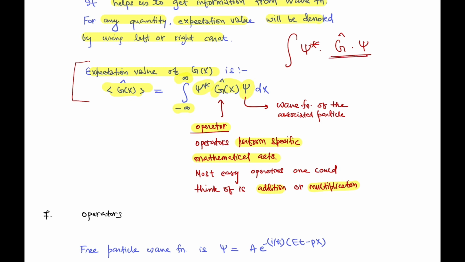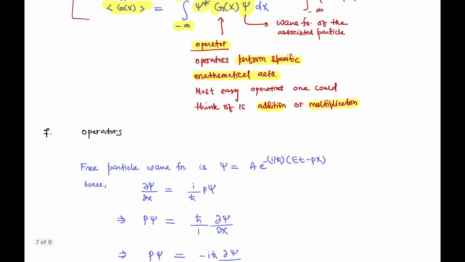You need to operate this operator on this wave function to get something. This will result in some kind of function, suppose f(x). Now this function f(x) is integrated from minus infinity to plus infinity with respect to x to get the desired expectation value.